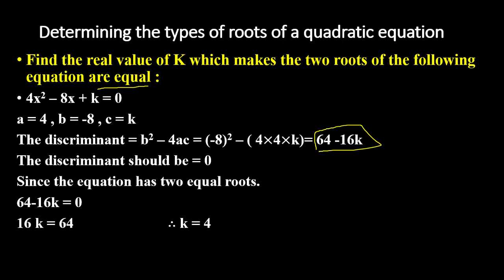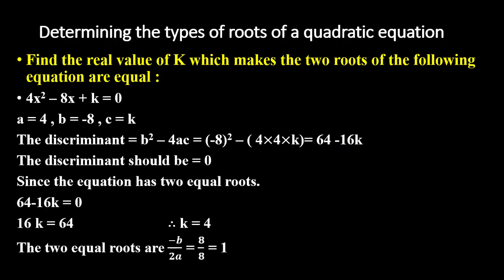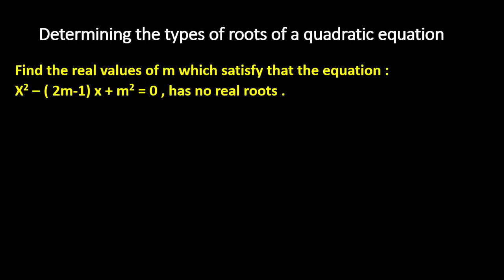So k should be equal to 4. Then the two equal roots will be negative b over 2a. Negative b, it will be 8, over 2a is 2 multiply 4, which is 8. So the two equal roots will be 1.